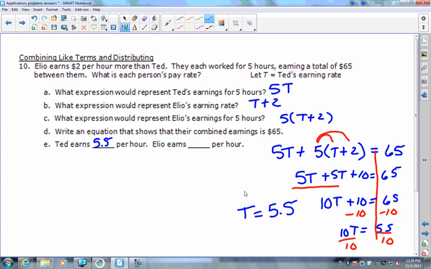How much does Elio earn? It is 5.5 plus 2. I'm about to get angry with my friends. 5.5 plus 2, which is 7.5. Okay, so now we found Ted and Elio's earnings.